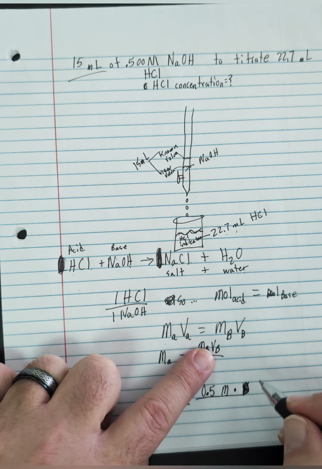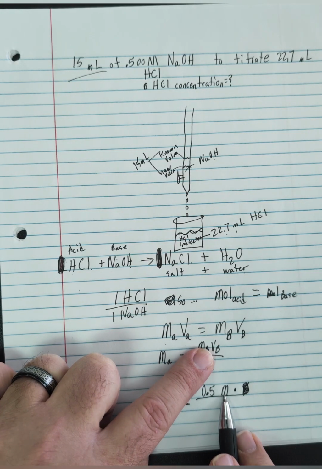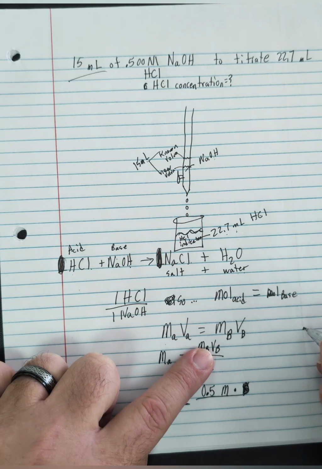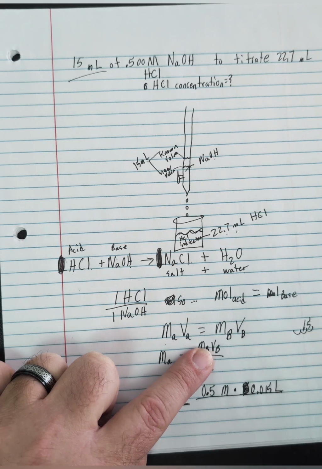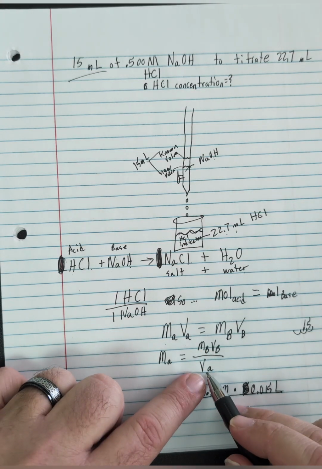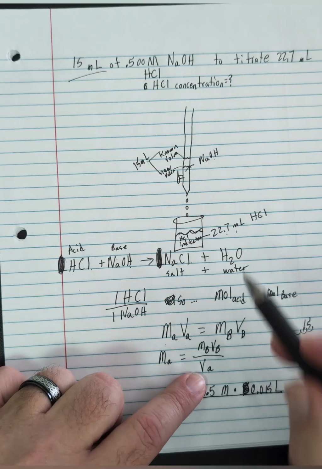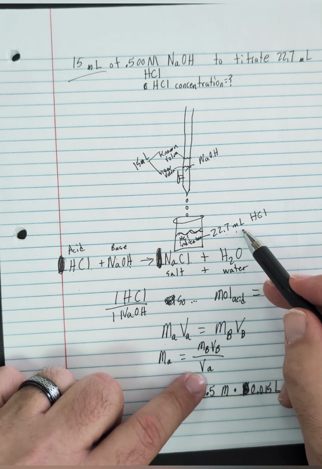I'm going to convert that to liters because remember, molarity is moles per liter. So that would be 15, move the decimal, 1, 2, 3, so that'd be 0.015 liters. All right, and then we're dividing that by the volume of the acid, which is 22.7 milliliters.